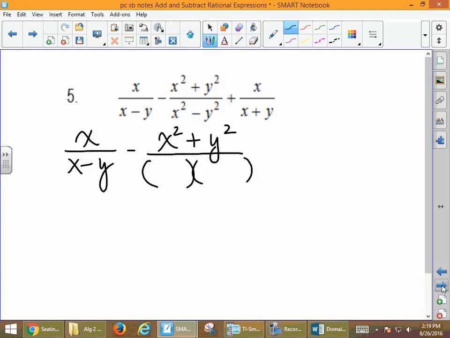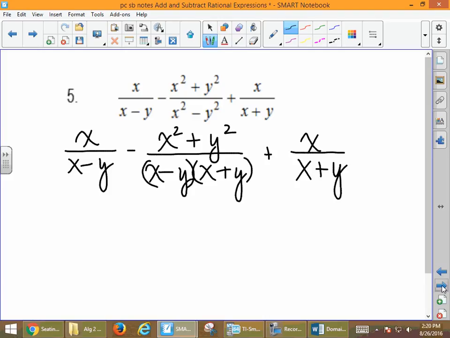We can factor our denominator. Again, it is the difference between 2 squares. X times x is x squared. Y times y is y squared. Difference between 2 squares, different signs. Plus x divided by x plus y.